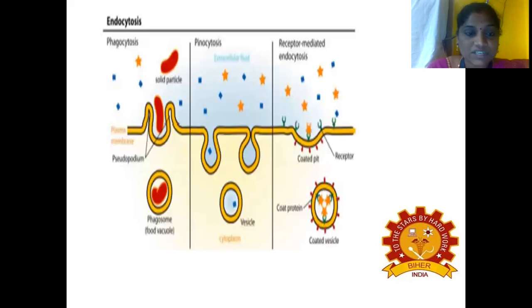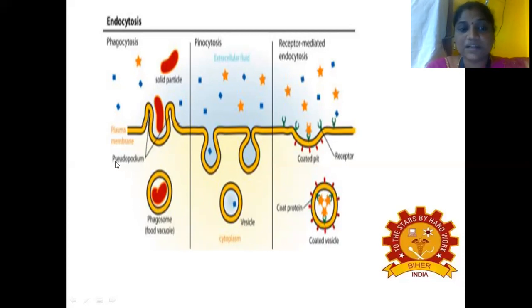In the diagram also it is mentioned. In phagocytosis, a solid particle is present outside the cell. The plasma membrane will identify the solid particle and form a vesicle. Through that vesicle, the solid particle is attached to the cell membrane and forms a vesicle inside.